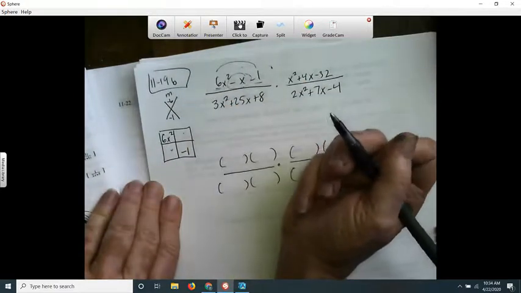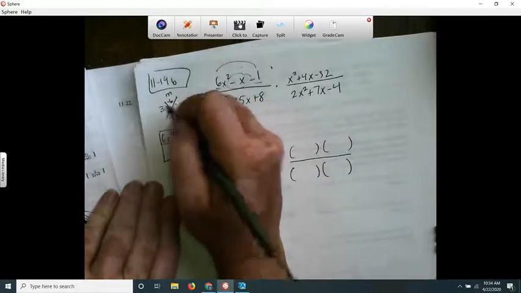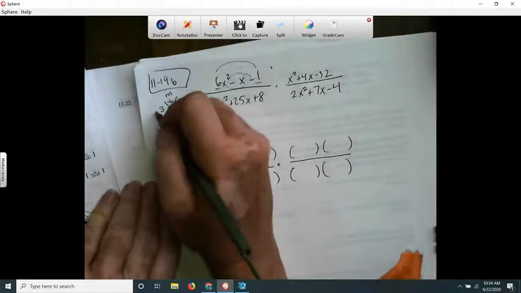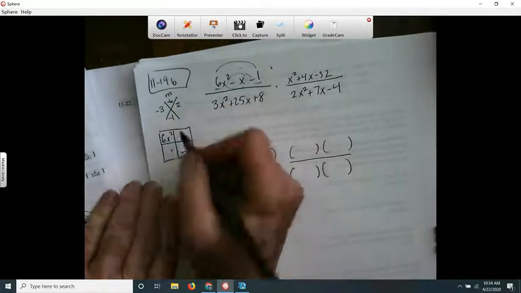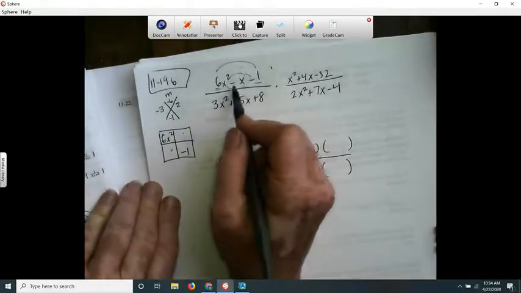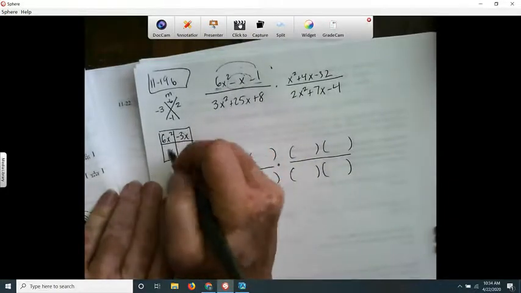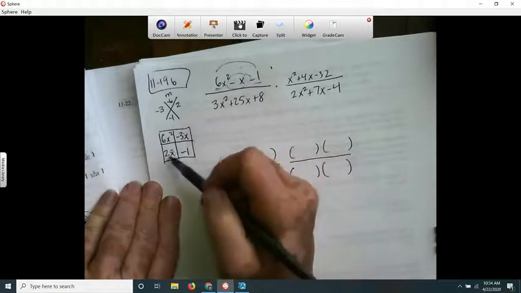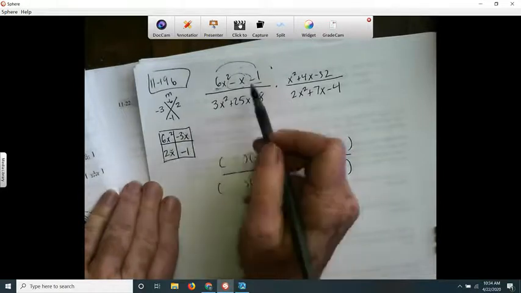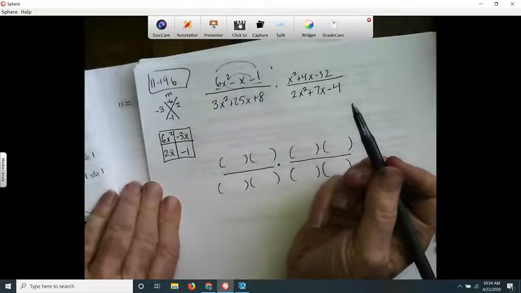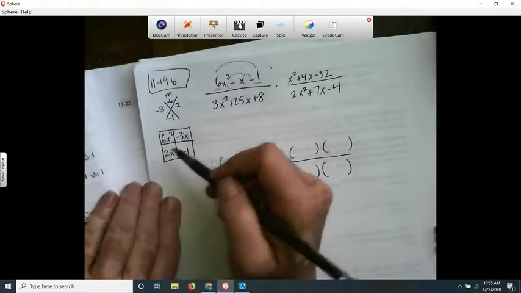And so I think 3 times 2 will give me a 6. And then if I make the 3 negative, I can split this negative x into negative 3x plus 2x, because negative 3x plus 2x equals that. And so then I have my area model box, and now I can try to factor.